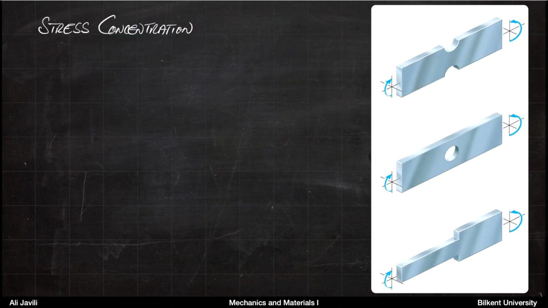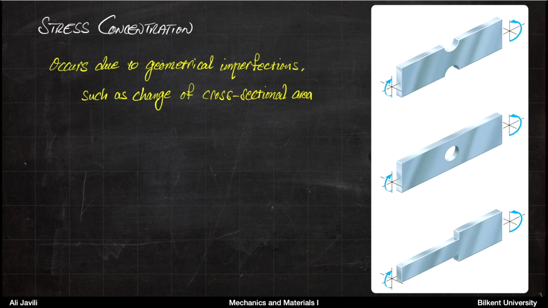So the next topic we want to talk about is stress concentration. Now, stress concentration under bending is very similar to the discussion that we had previously under torsion and under axial loading. Stress concentration occurs due to geometrical imperfections.